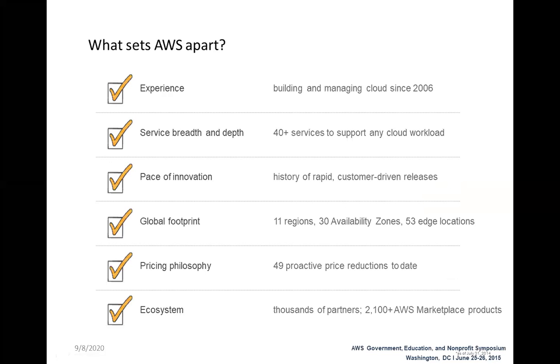What sets AWS apart? Experience, service breadth and depth, pace of innovation, global footprint, pricing philosophy.